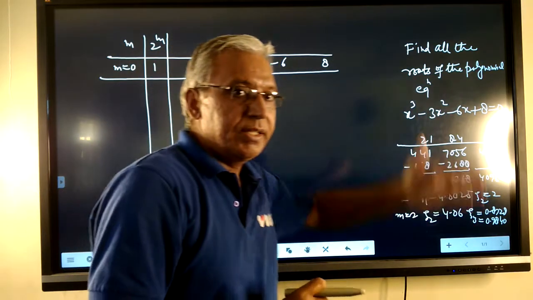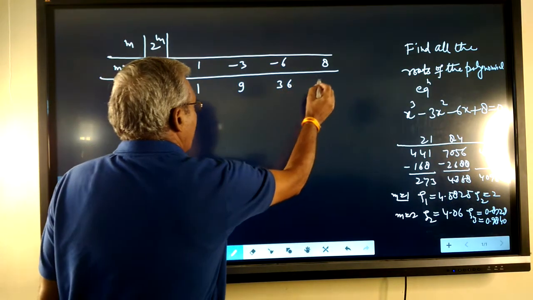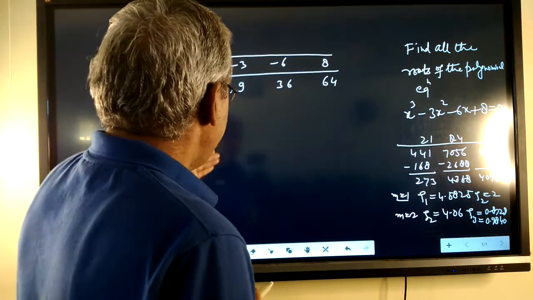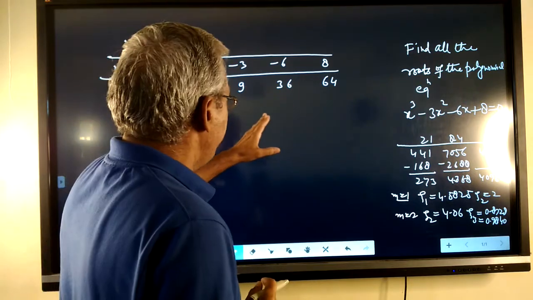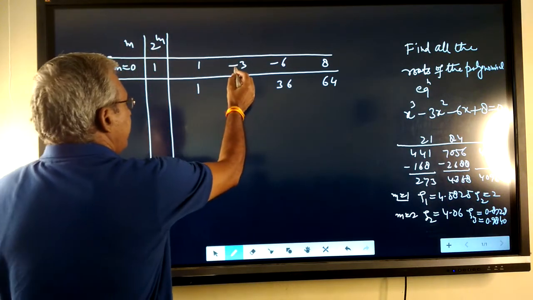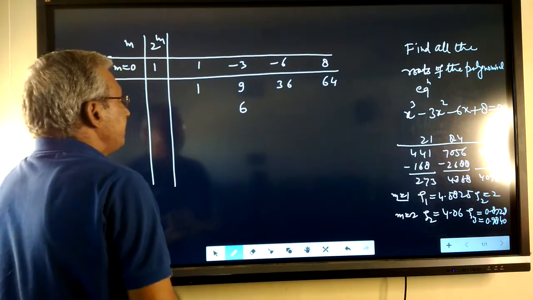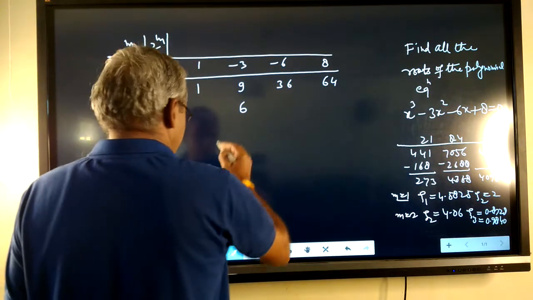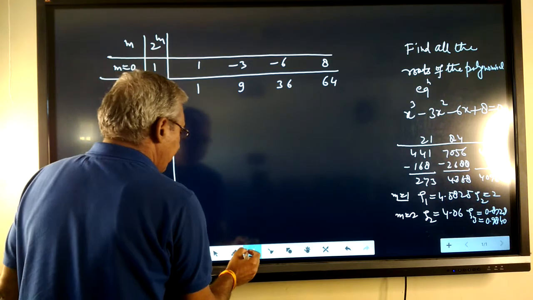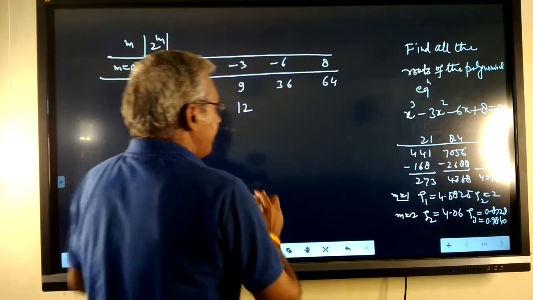Thereafter, we square these coefficients. This is 1, 9, 36, and 64. To write the second row, we start with a negative sign and multiply the neighbouring elements of each element. So minus 3, with neighbours 1 and minus 6, gives 12 with negative sign, and the other is minus 16.